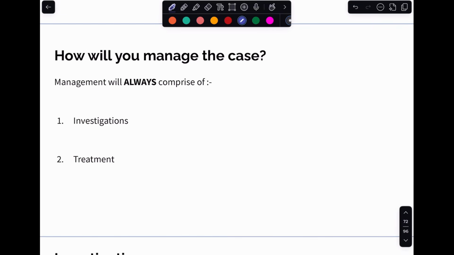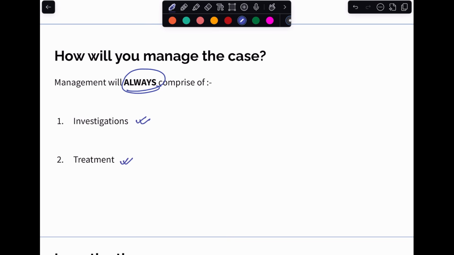Now we move on to discuss how we manage the case. When we are asked this question during our exam, we jump into saying, okay, this is the treatment that we'll give to our patient. But the examiner has asked you about the management of the case, not just the treatment. You have to remember management always comprises investigation and treatment.